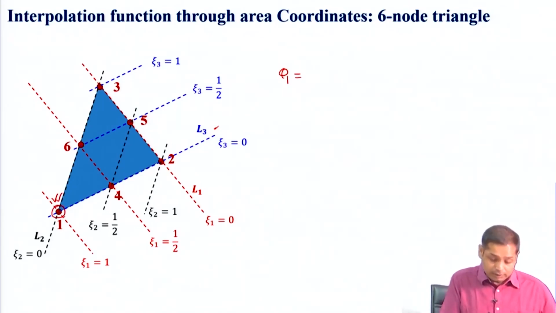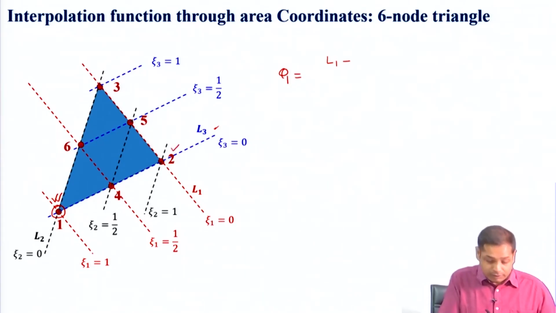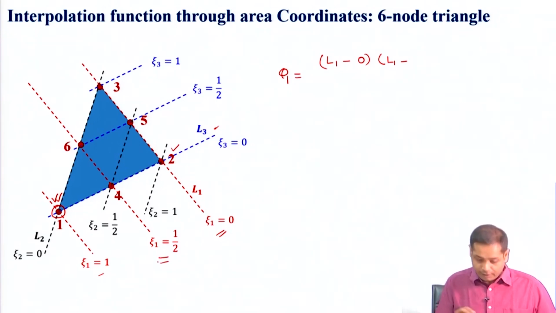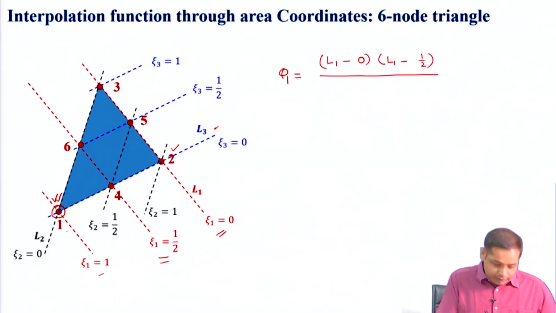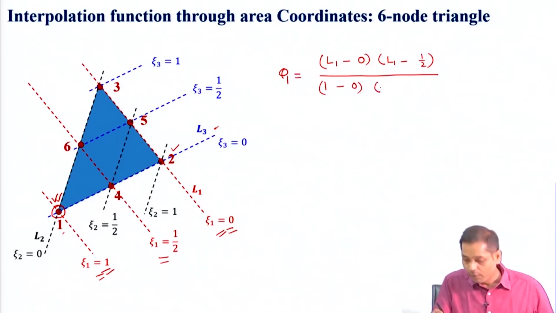How to construct the shape function at node number 1? It will be L1 minus the coordinate of this line, which is 0, and then L1 minus the coordinate of this line, which will be half. That is divided by the coordinate of node number 1, which is 1, minus the coordinate of this line, 0, and then 1 minus the coordinate of this line, which is half.